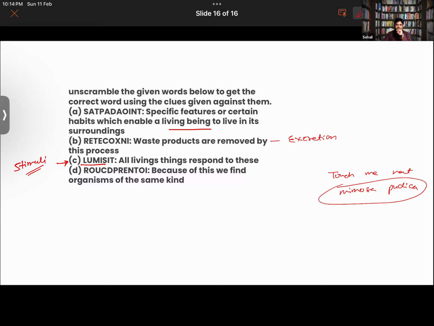Should I help then? It's a process which is ensuring that life continues on Earth. Because of this process, the population is increasing. The population of any species continues because of this process. It is simply reproduction.